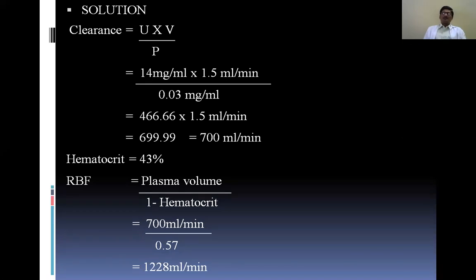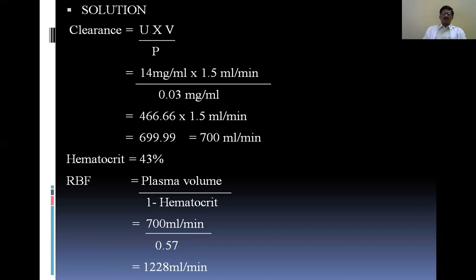So by using a marker such as diodrast or para-aminohippuric acid, as these markers are completely cleared by filtration and secretion, their clearance value is equal to renal plasma flow. Once we know the renal plasma flow as well as the hematocrit, the formula renal plasma flow divided by 1 minus hematocrit will give you the renal blood flow.